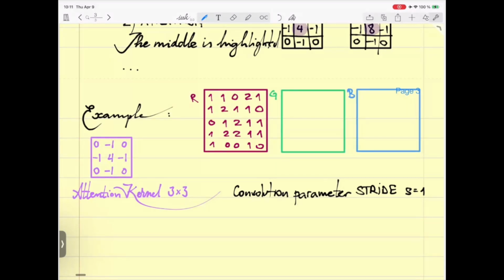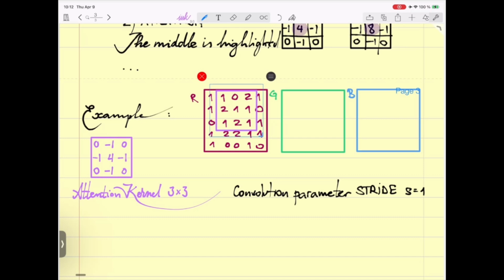All right, so what we do is we're going to slide this window like this. First, we're going to multiply this with this window. Then we're going to move it 1 pixel to the right, because s is 1. If s would be 2, we would move it 2 pixels to the right. Okay.